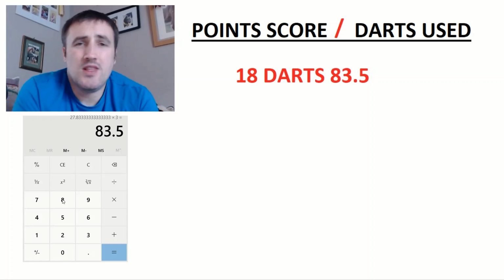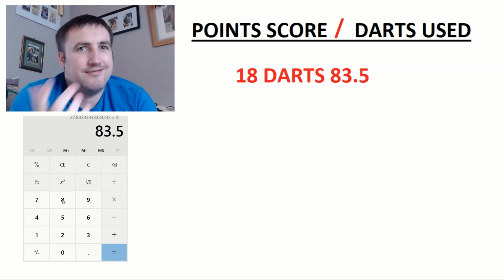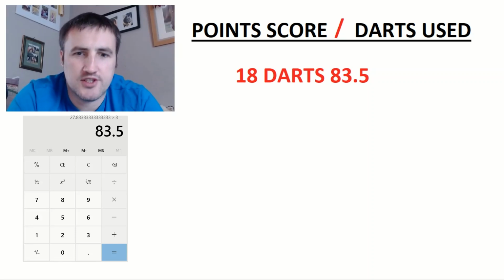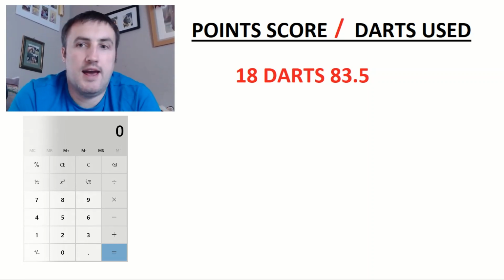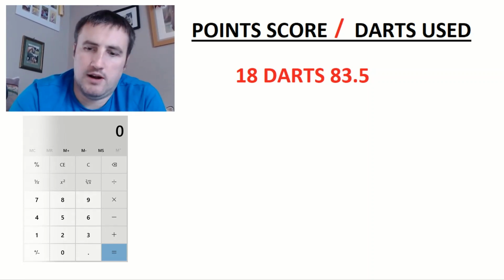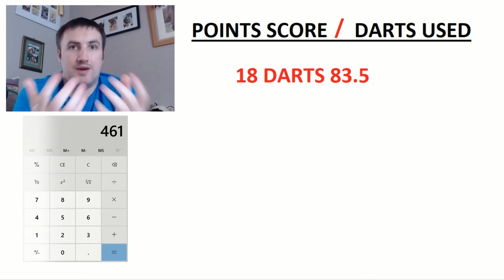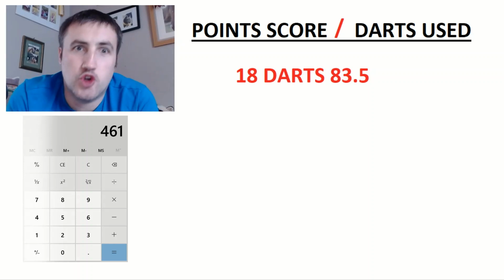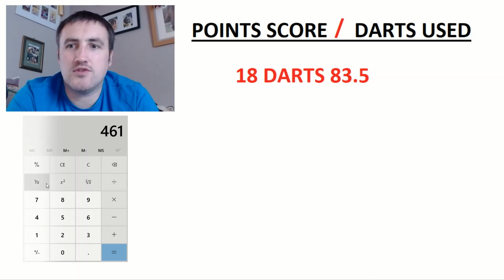Now, this is simple in the context of 501. You know, I won the leg, so it's easy to do that. Doesn't really change if you lose the leg either. So what I'll do, I'll just clear this off quickly. So let's say I'm left on tops and my opponent's won the leg. So I've scored 461 points because I didn't hit tops, so I didn't manage to finish the leg. So I've scored 461. We divide that by the amount of darts that I have thrown within the leg.